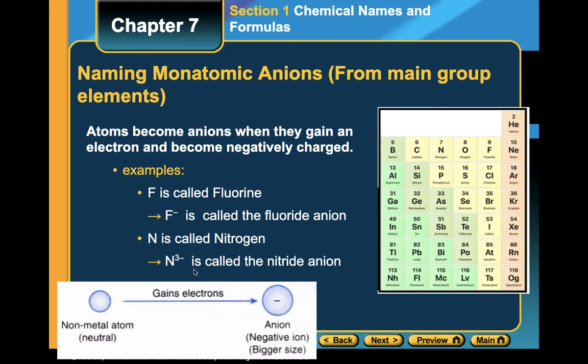And for example, nitrogen, we literally get rid of almost its entire name. We get rid of the "ogen" and we add an "ide" instead. So we go from nitrogen to nitride. And if we had oxygen, we would go from oxygen to oxide, chlorine to chloride, bromine to bromide, etc. You get the idea, right?